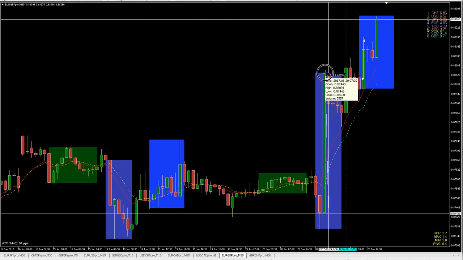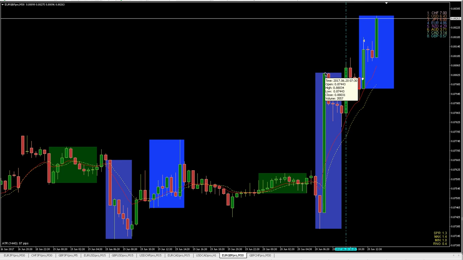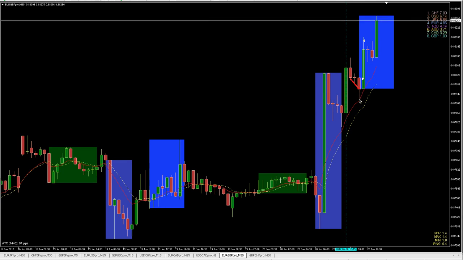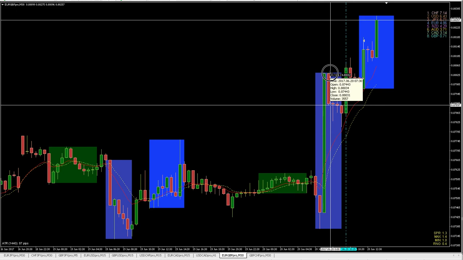I mean, how often do you see a 60 pip bar on the euro pound? Well, with the whole Brexit thing going on, it's more common now, but it's really uncommon. Whereas basically, probably the average here might be this bar, which is about 13 and a half.